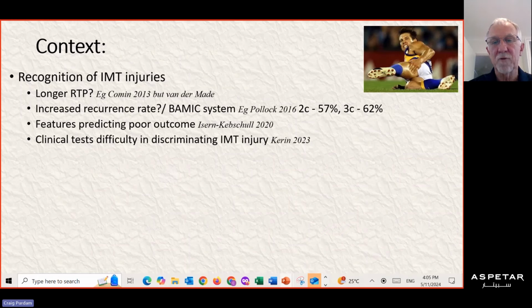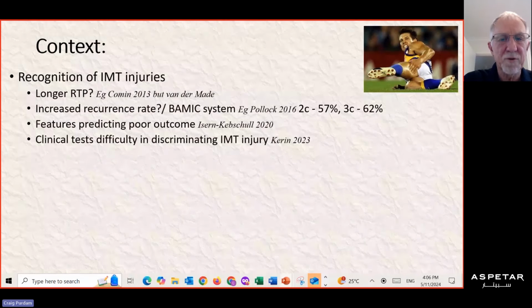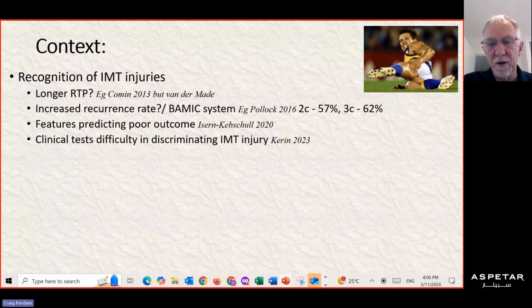And they found, looking at a 4-year series, that of the 2C injuries, 57% recurred, and of the 3Cs, 62% of their hamstring injuries recurred, which is a real concern to them. More recent work, there's been a paper from the Isern Kebschel, Carlos Pedret group with a couple of factors that probably predict poor outcome, and we might get to those a little later.